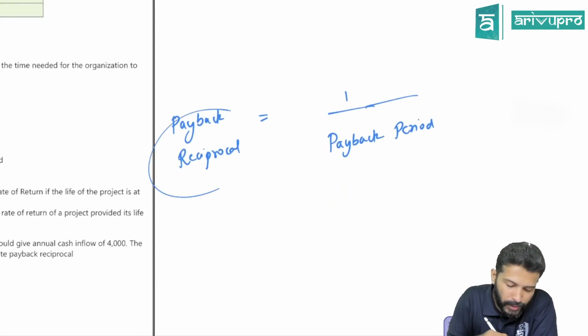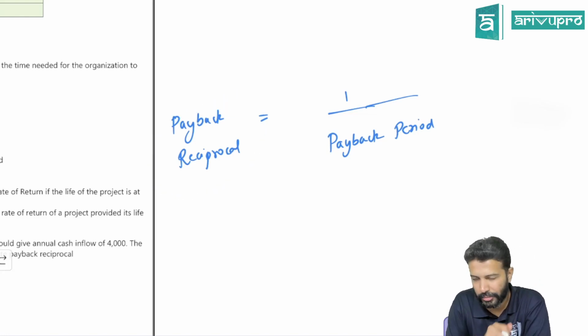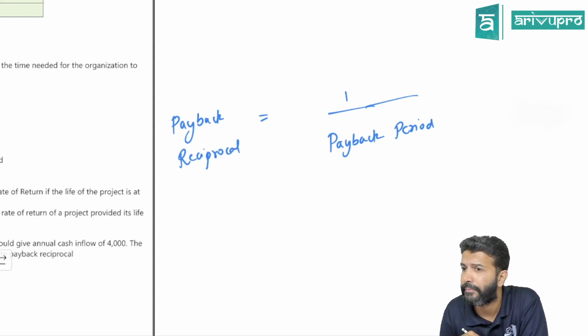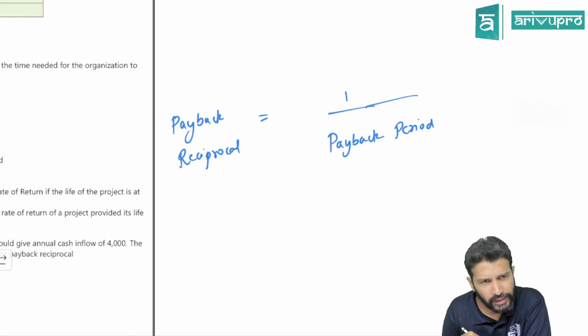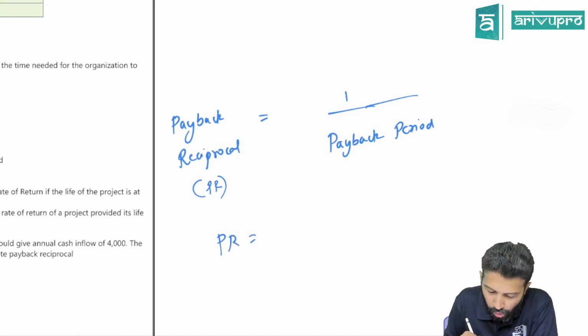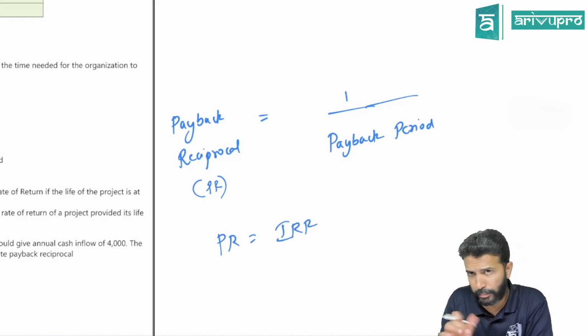Now what is this payback reciprocal? They've done some analysis, tested with some data, and they say, have you calculated IRR again? Have you calculated IRR? Yes. They say payback reciprocal, which I'll call PR, will almost equal IRR, or rather will approximate to IRR, not exactly.